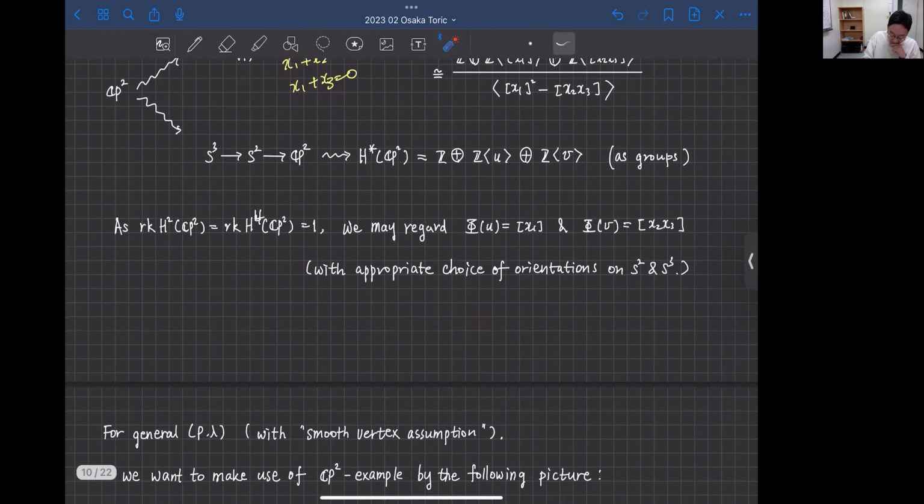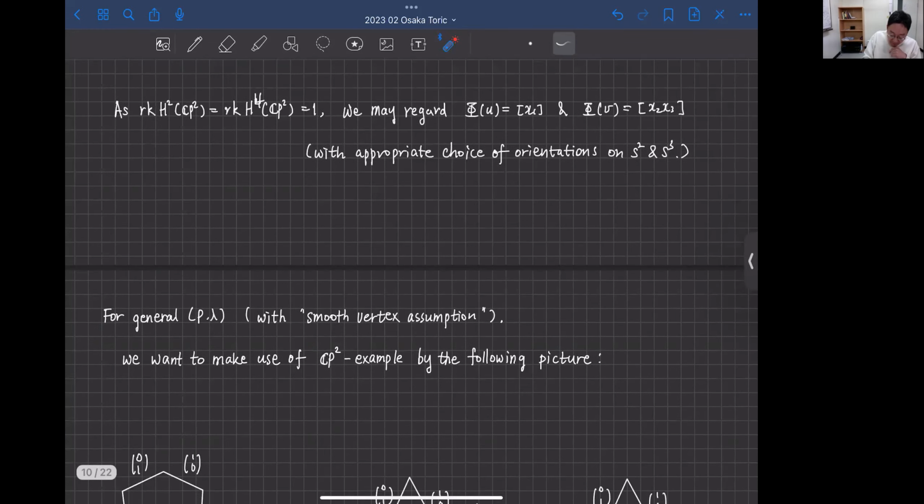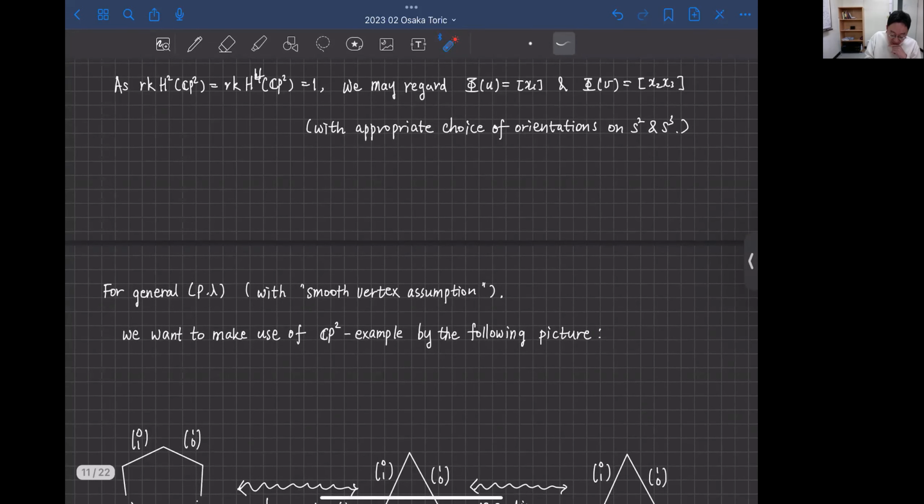All right. So in order to consider the general characteristic pair (P, lambda), temporarily let's assume that there's a smooth vertex. And then we want to make use of the CP2 example computation by the following picture.